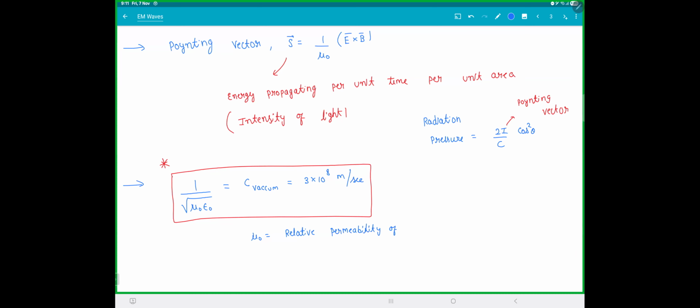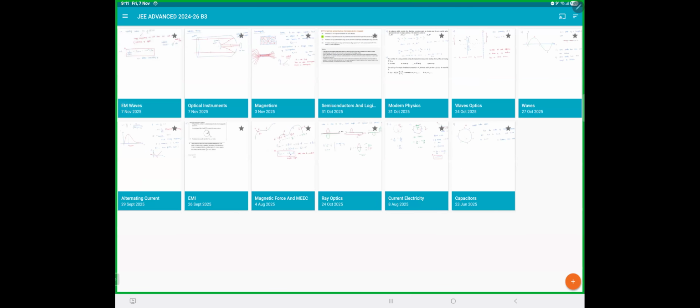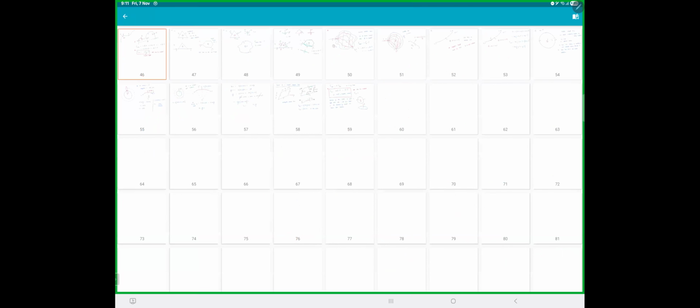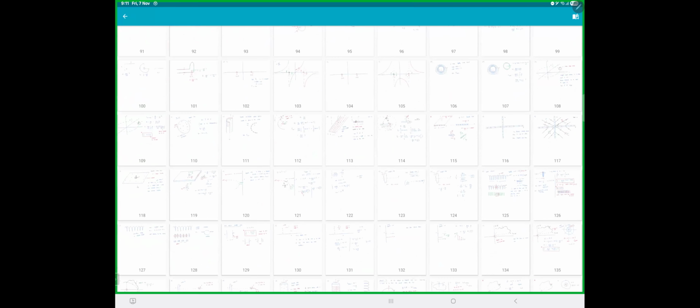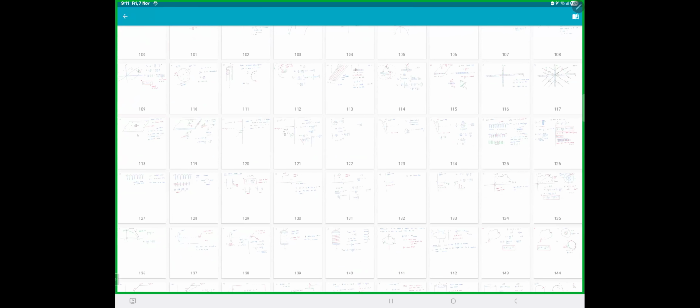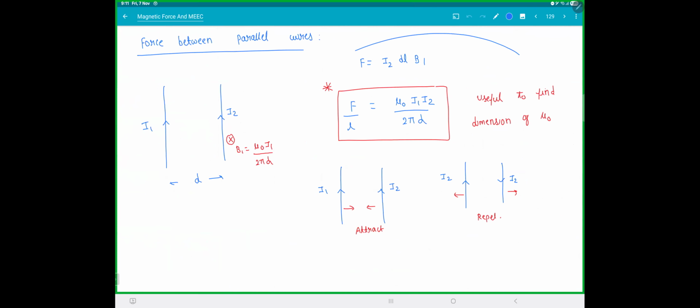Ahana remembers. Who else remembers? Mu by 4 pi is K. Force per unit length, force between two parallel wires.